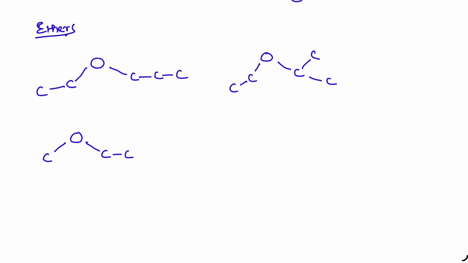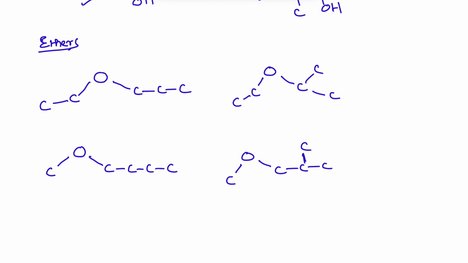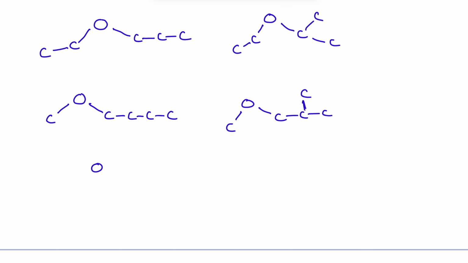Butyl groups are 4. So this is n-butyl, isobutyl, secondary butyl, tertiary butyl.